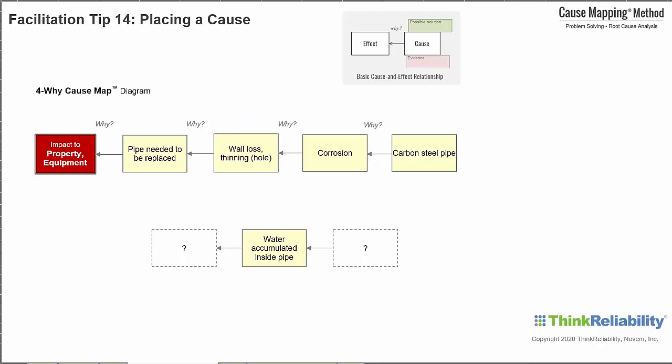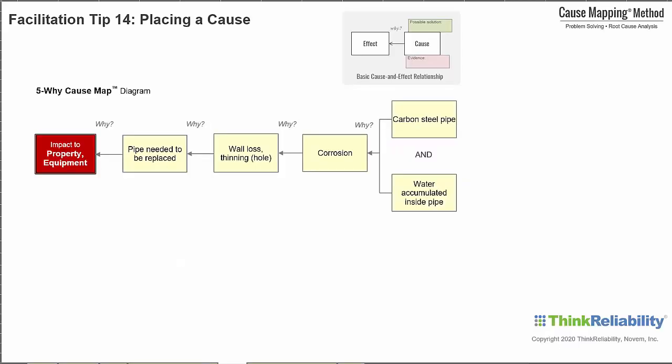Did water accumulating inside of the pipe cause corrosion? That seems to make more sense. So I'm thinking it fits there, but I'm going to go to the right one more just to double check. Did water accumulating inside the pipe cause carbon steel pipe? No. So it should become pretty clear that corrosion was caused by the pipe being carbon steel and the water accumulating inside of the pipe.